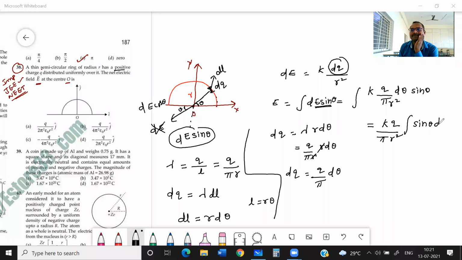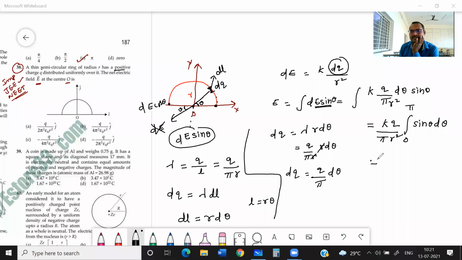theta d theta. Yes, you are integrating sin theta, with theta from where to where? Starting point of the ring is here and ending point of the ring is here. Which means what angles? This 0 angle you take, this will be 180 degrees. So 0 to pi angle you should do.